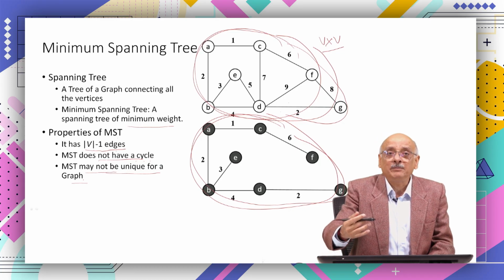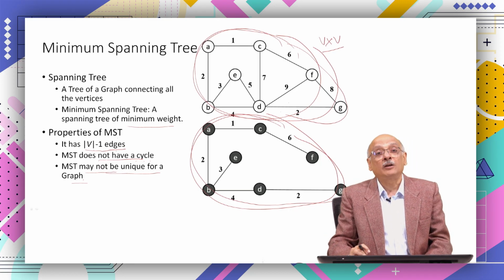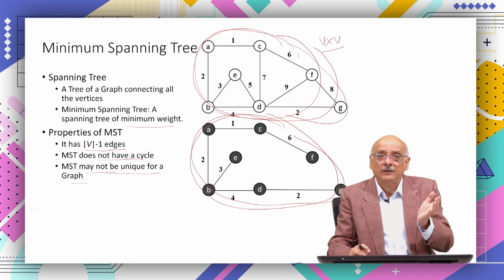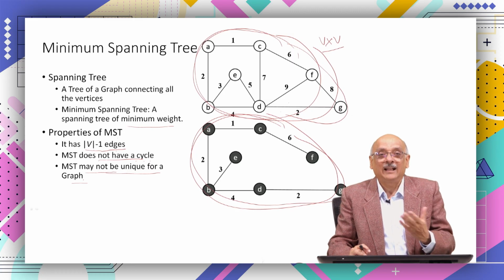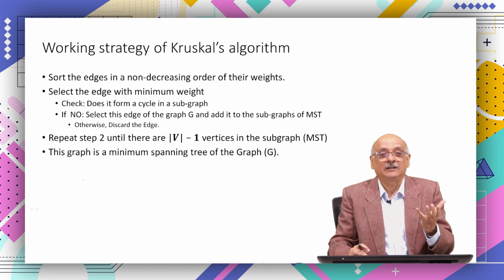However, there may be similar cost trees as far as MSTs are concerned. So there may be multiple minimum spanning trees in a graph. It may not be unique. However, our algorithm will find at least one of those minimum cost spanning trees, right? And that is the basic purpose of finding that particular thing.